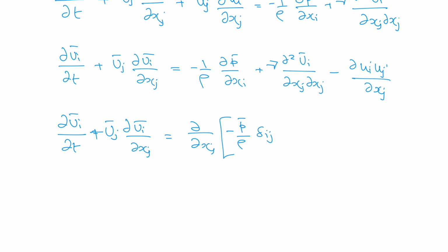This is the Kronecker delta, wherein the output will be ∂p̄/∂xi. So this j and j will cancel and you will get it in terms of i. Then you have the viscous term that can be rewritten as 2 nu Sij. Then you have the last term, minus ui'uj'.